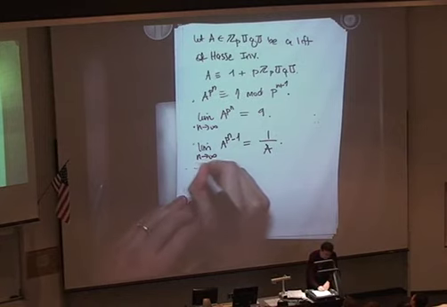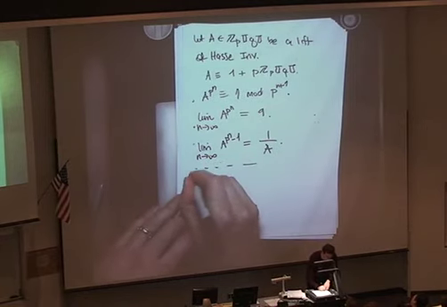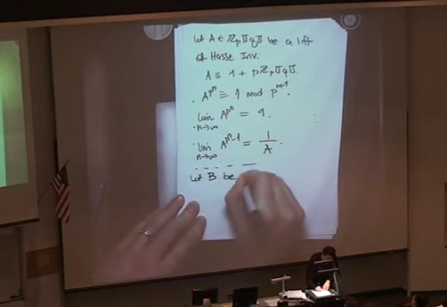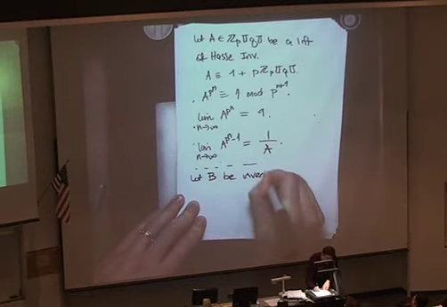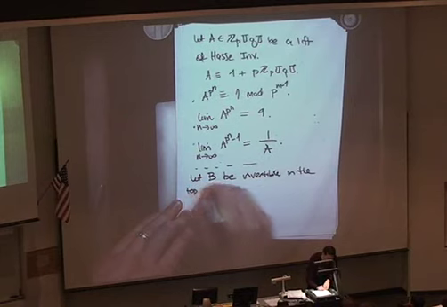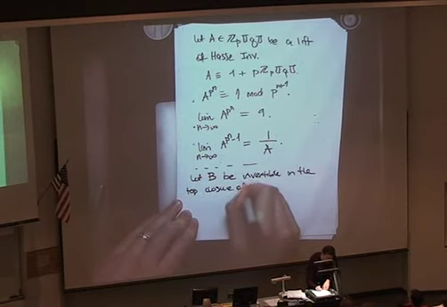Here's another way of thinking about it. Let B be invertible in the topological closure of all modular forms.